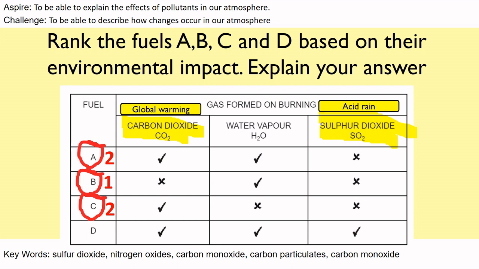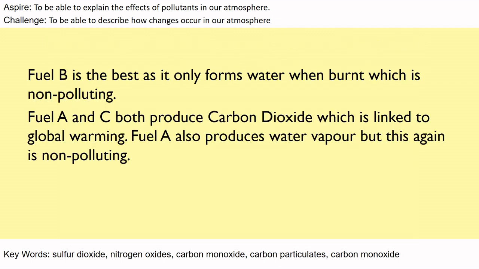Now, water vapour is non-polluting. So when I talk about A and C, the main issue is that carbon dioxide, and I'm going to link that to global warming. So let's have a look at how I've worded that next section. Fuel A and C both produce carbon dioxide, which is linked to global warming. Fuel A also produces water vapour, but this is again non-polluting.